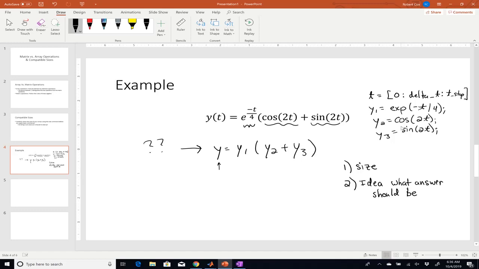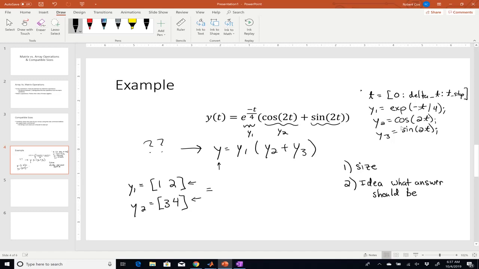Okay? So let's just say for sake of argument that this was a lot simpler, and let's say I had y1 equal to 1, 2, and y2 equal to 3, 4. Now, what you are expecting, if this was y1 and this was y2, is that every entry in y1 is multiplied by the corresponding entry in y2.